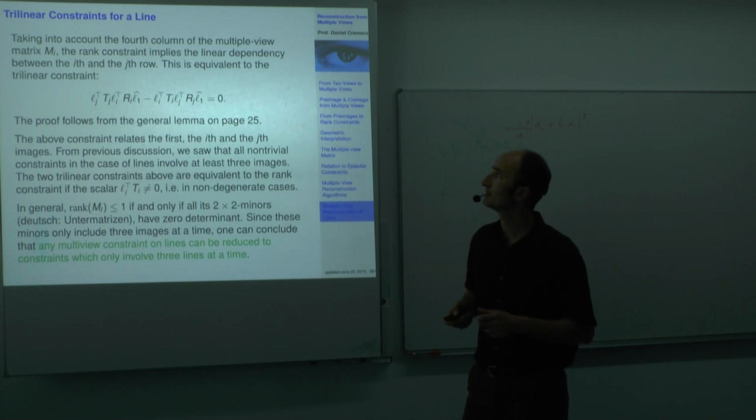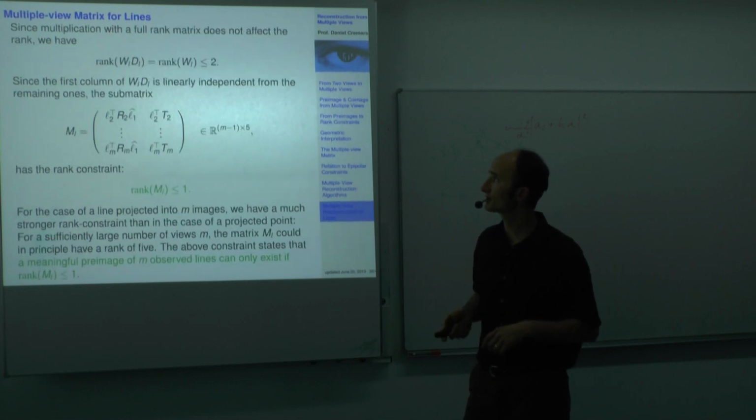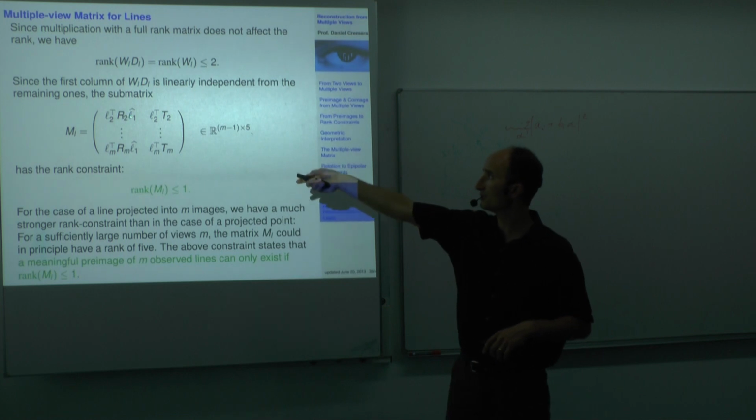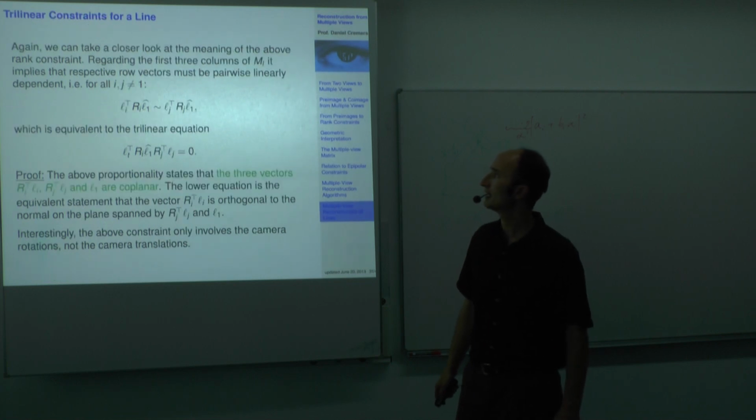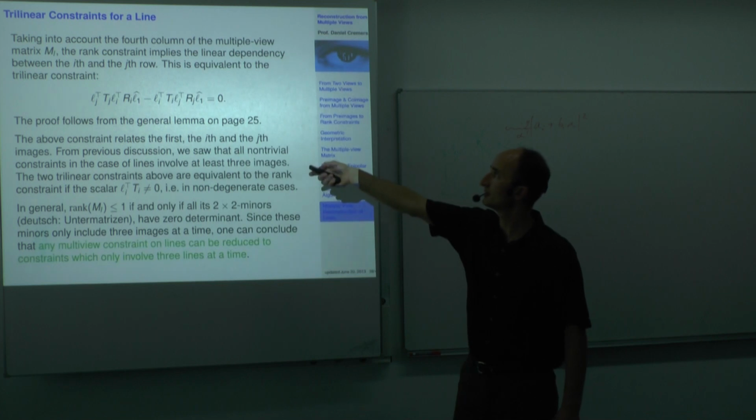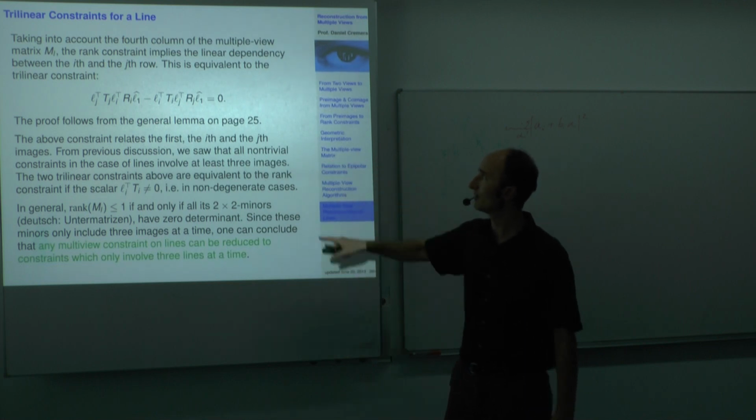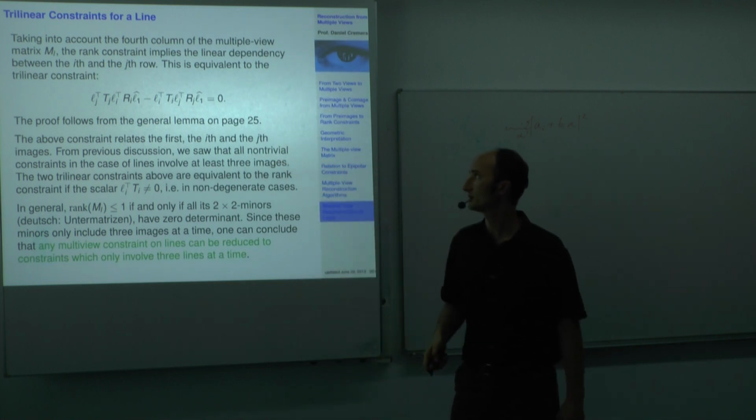In addition, there are more constraints, also constraints on the translation. We said here's the multiview matrix. The columns here must be proportional. And that fact can be rewritten in this constraint. And this constraint actually follows from the general lemma on page 25.